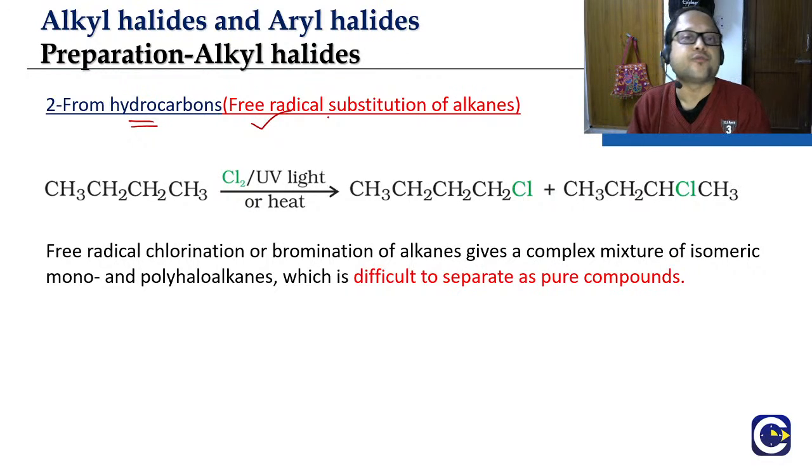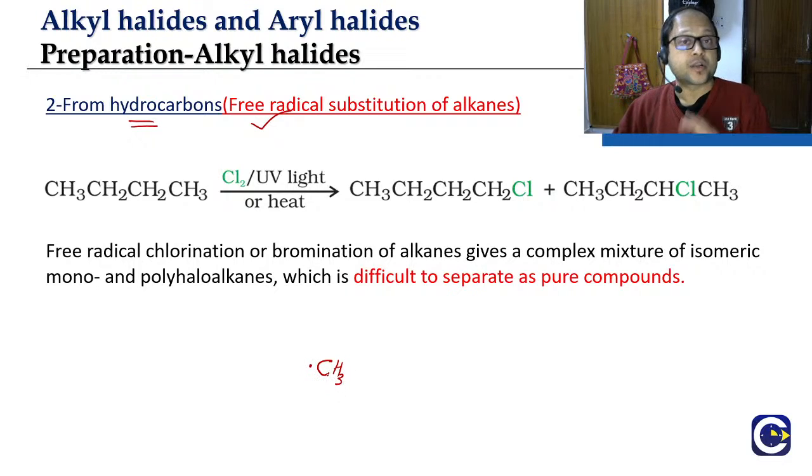So here we are going to focus on free radicals. What are free radicals? They are atoms, and if we focus on carbon atoms, they have 1 electron less. It's an odd electron species, like the methyl free radical, CH3 with 1 electron.